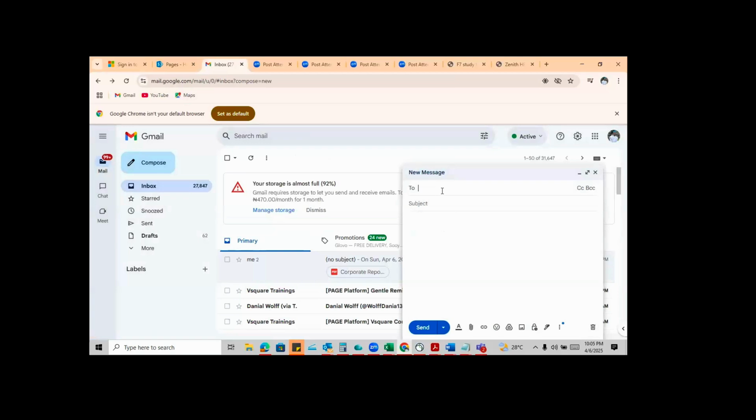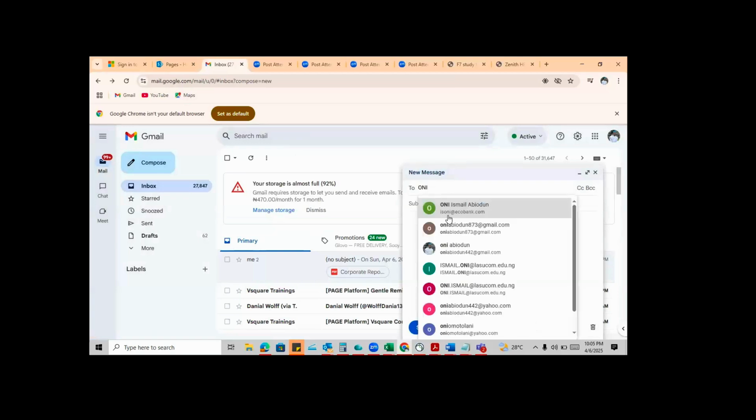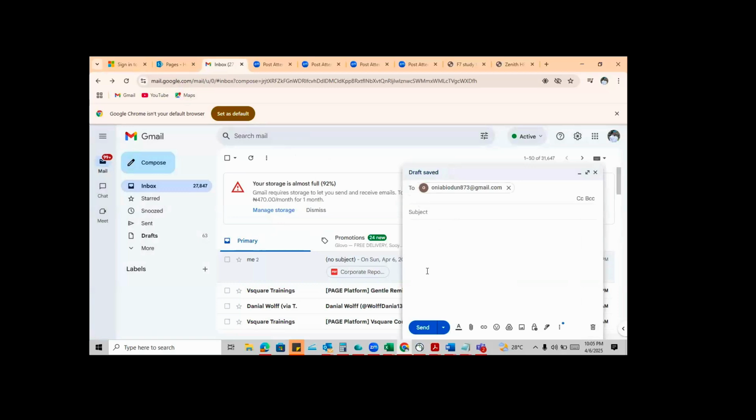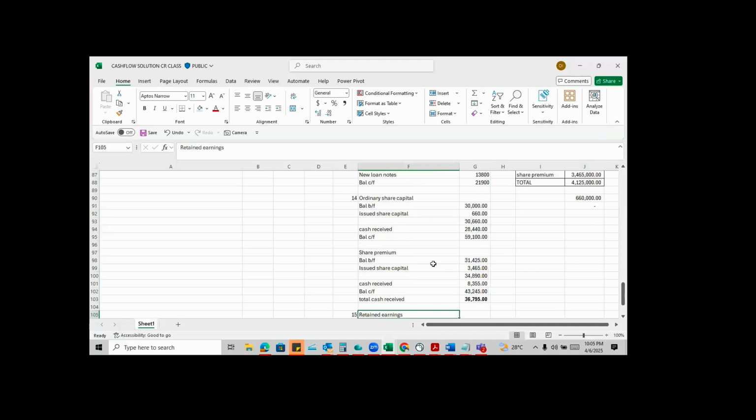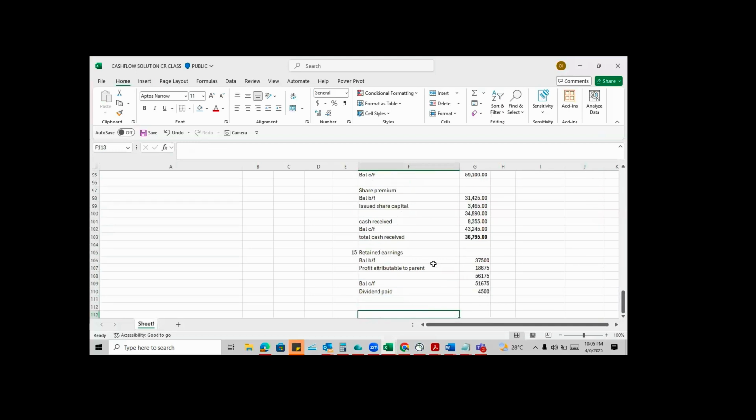This dividend paid by parents, how do you get it, sir? That of 4-5. Now, that one is quite easy. You are looking at it from the angle of the group retained earnings. This is the group retained earnings, right? Now that group retained earnings, there's a movement there.